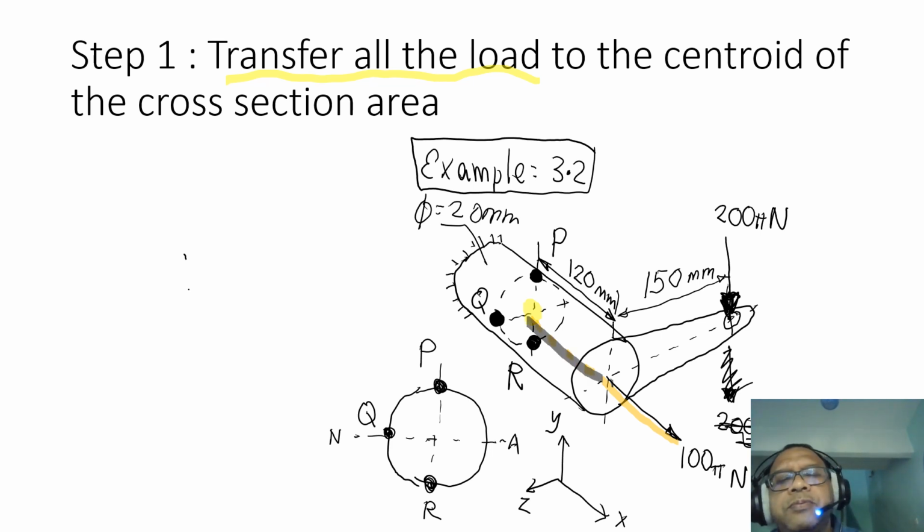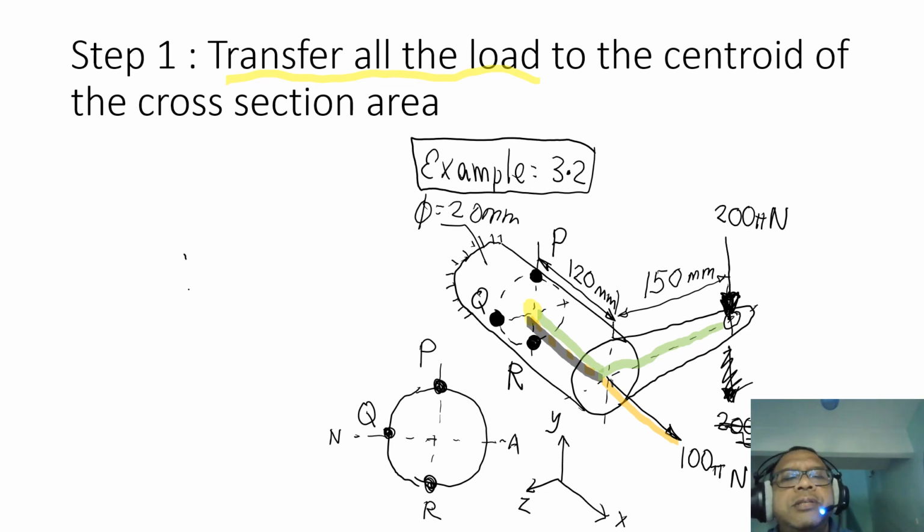The next thing is for me to move this 200 pi Newton from this location to here. If I move the 200 pi Newton in the z-direction, I will create what we call a torque.